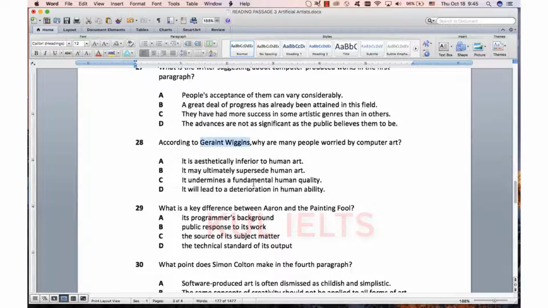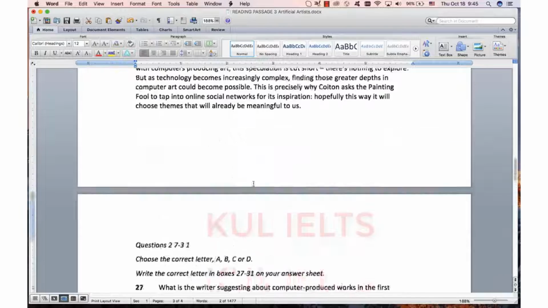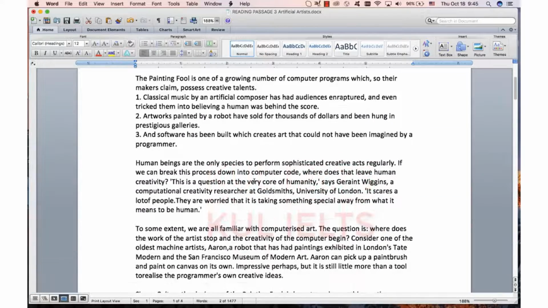So we want to find Geraint Wiggins, and why are many people worried? This one is not so bad because it's one sentence. Here's Geraint Wiggins, and here's it scares. People are worried. It scares. Why are they scared? And the answer's there. So that one wasn't so bad. It's just a one sentence multiple choice.